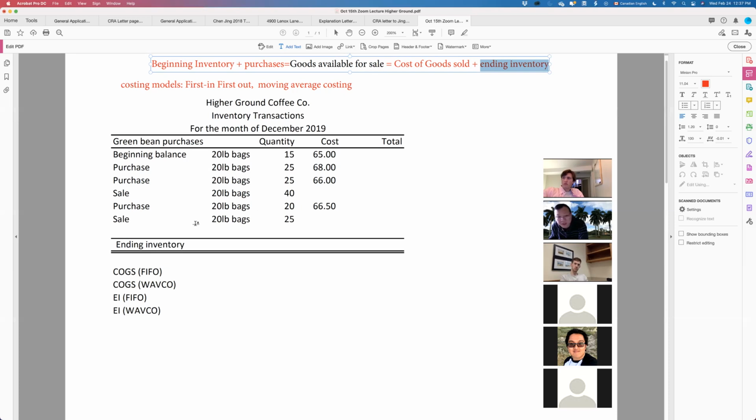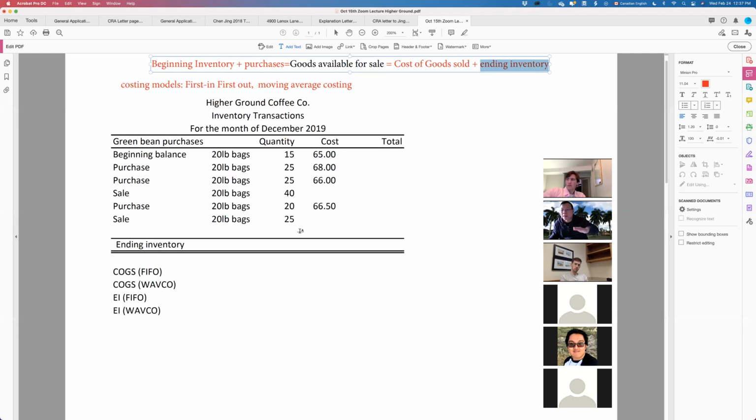After this purchase, they made another sale of 25 bags. This transaction is not surprising, right? You buy and you sell. When you buy, your inventory will increase, you have more stuff in your inventory. When you sell, you have less inventory, because that inventory has been passed to the customers.